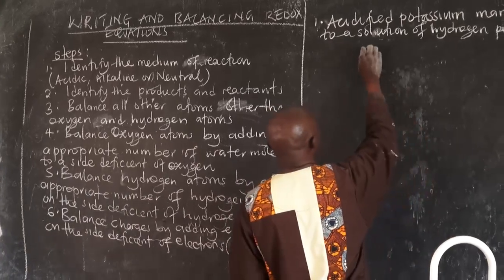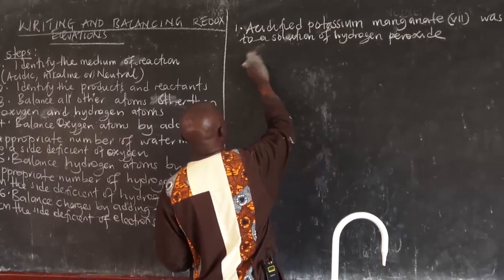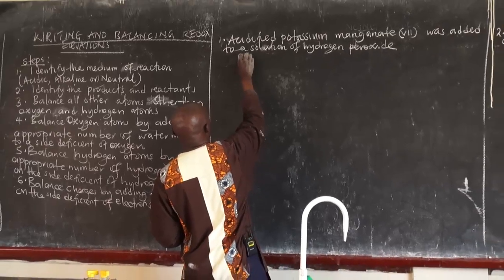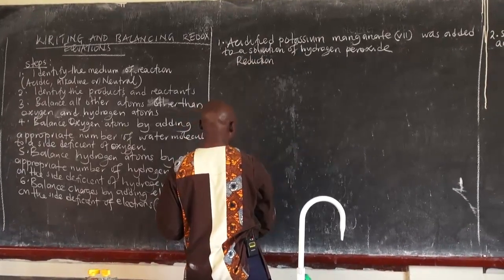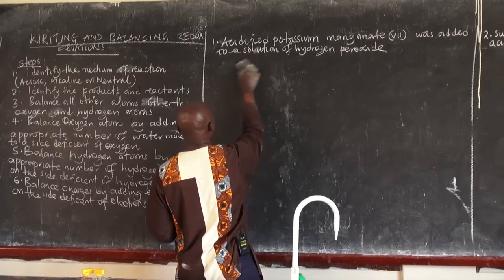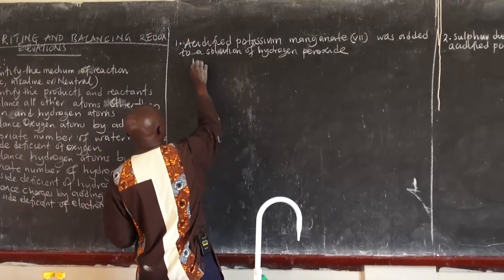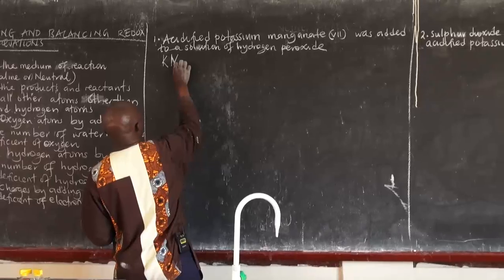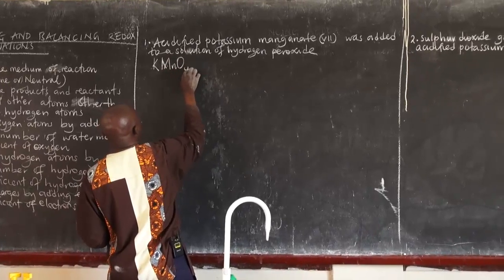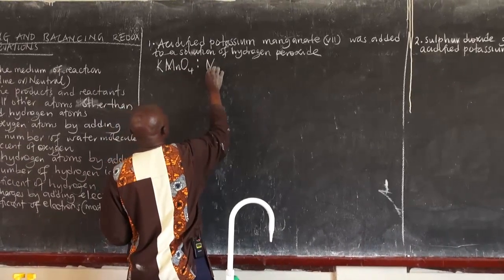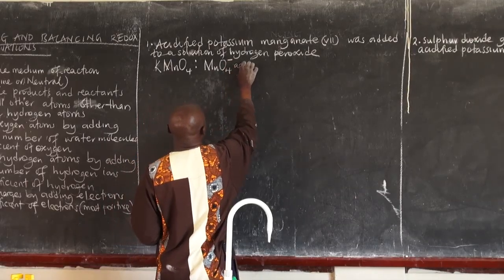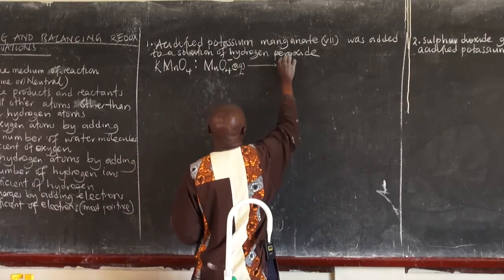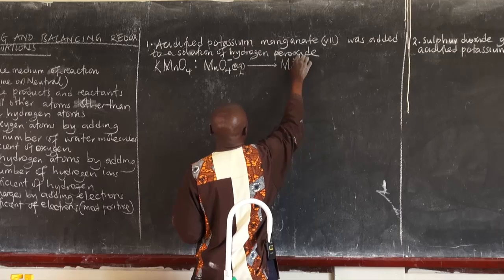So by observation, let me start with what we call the reduction half equation. Let me start with the equation for potassium permanganate. Potassium permanganate is this, but the manganate 7 ions are being converted to manganese 2 ions.